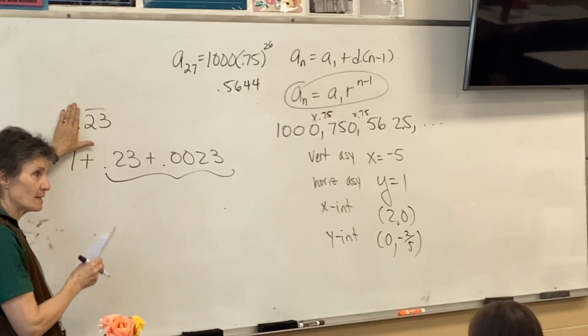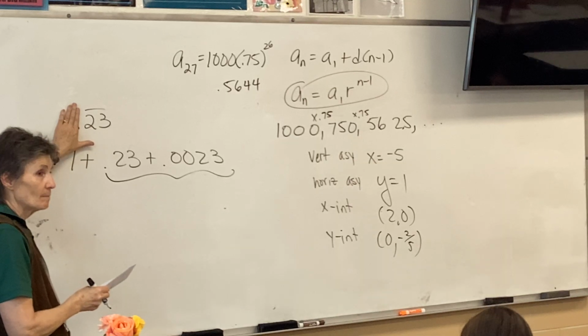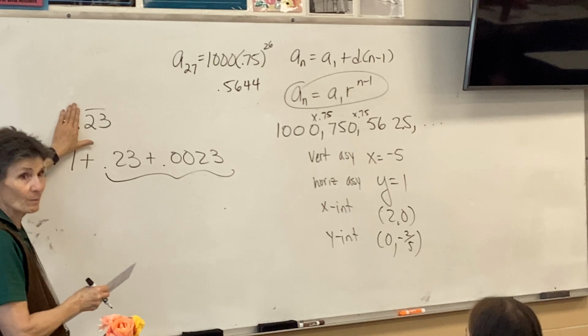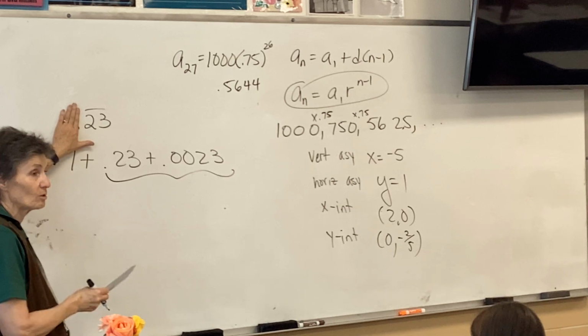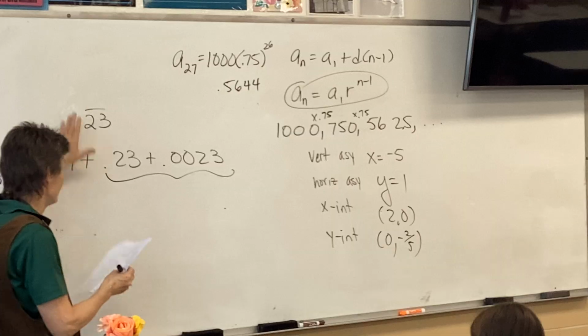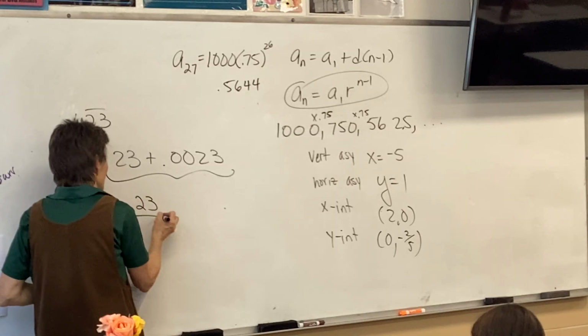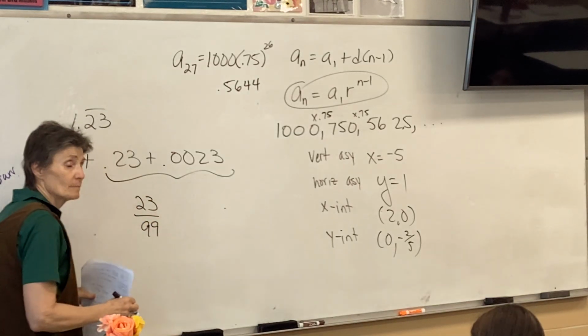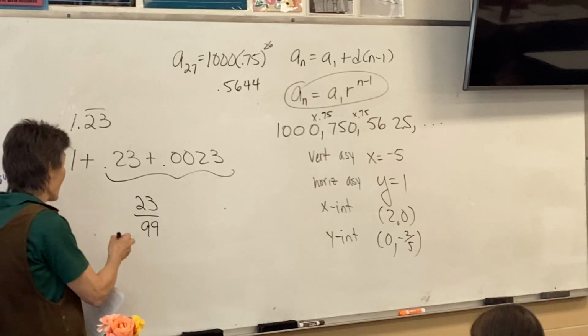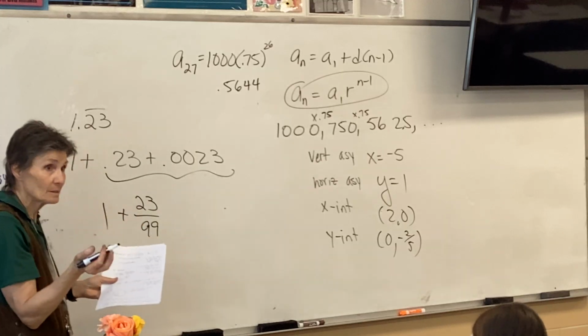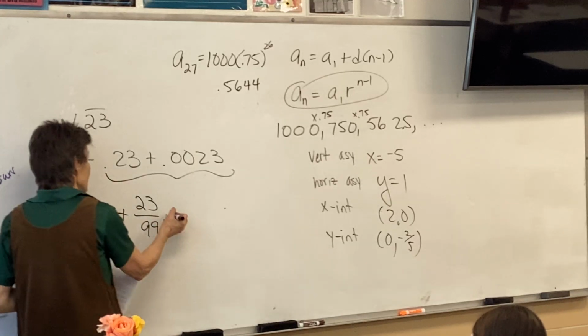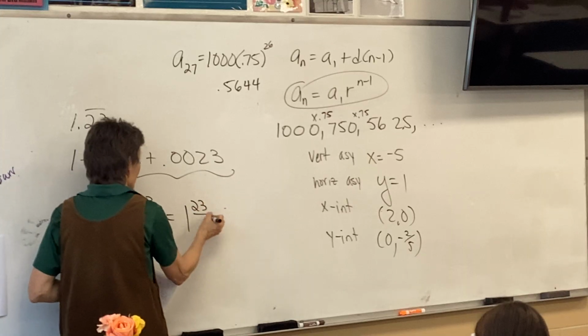Since the whole thing is repeating, we have a little trick. Does anybody remember what it is? That's going to be 23 over 99. And then I have to add 1 to that. So actually, Lincoln, you could just write 1 and 23/99.